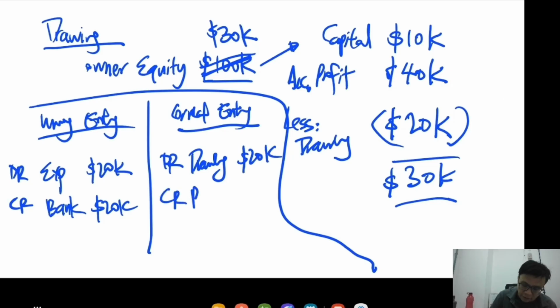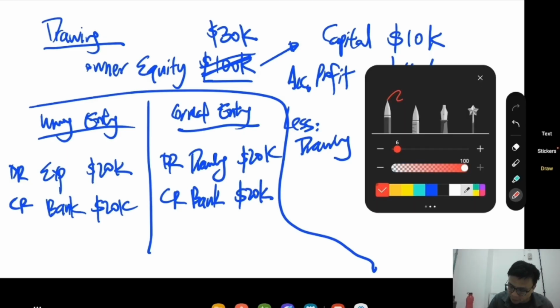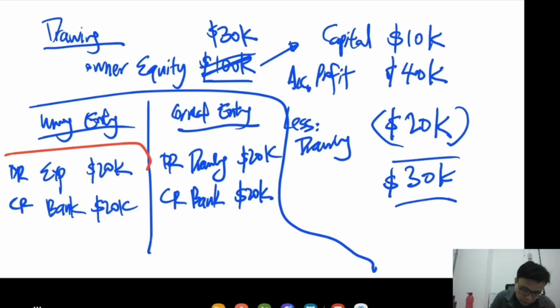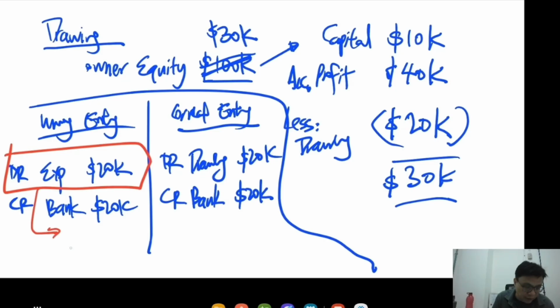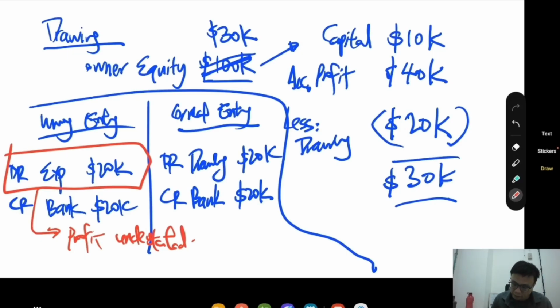So you can see it is very clear cut that when this happened, your expenses is overstated, and when your expenses is overstated, profit is understated.